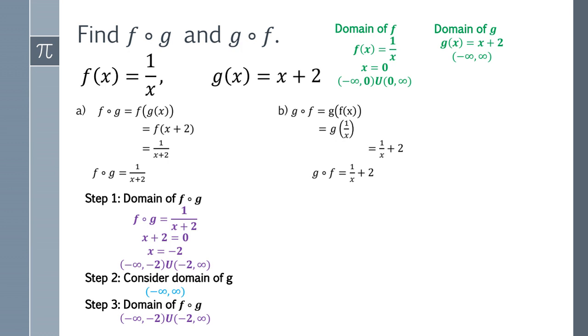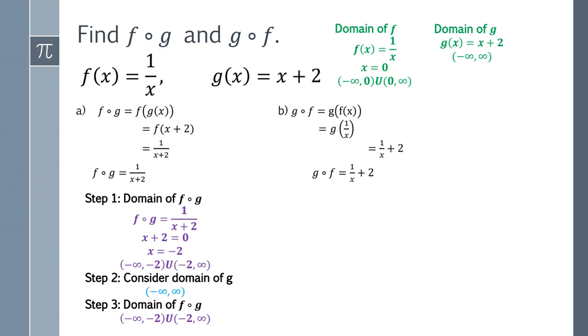If we look at our second one, our domain for f composed of g, we cannot use negative 2. So my domain for the 1 over x plus 2 is from negative infinity to negative 2 and from negative 2 to infinity. Now, if I'm considering the domain of g by itself, this one had no restrictions, so it's negative infinity to positive infinity.